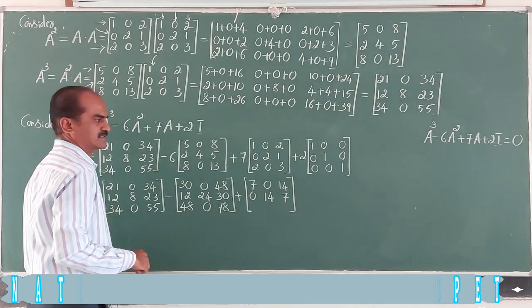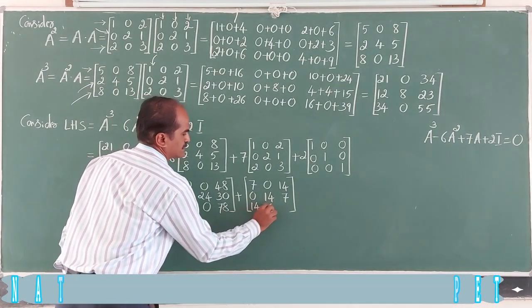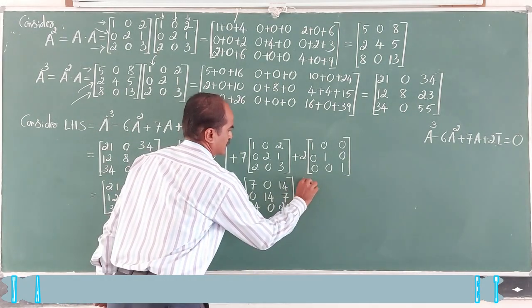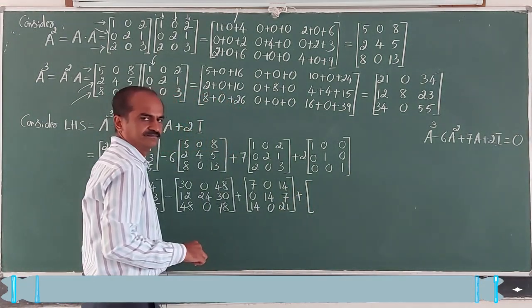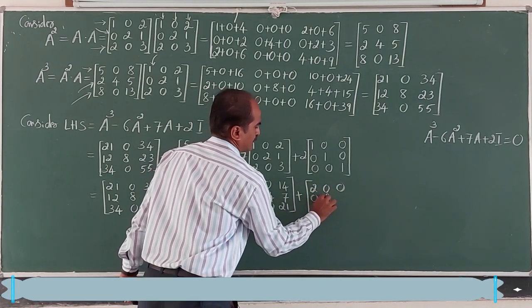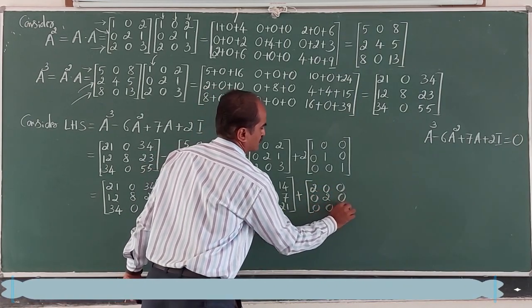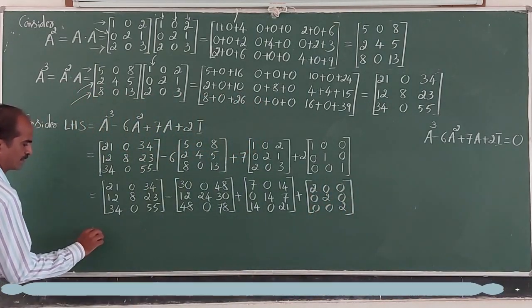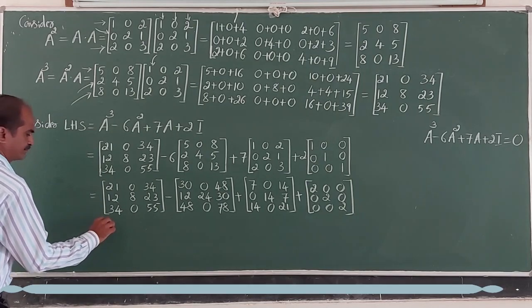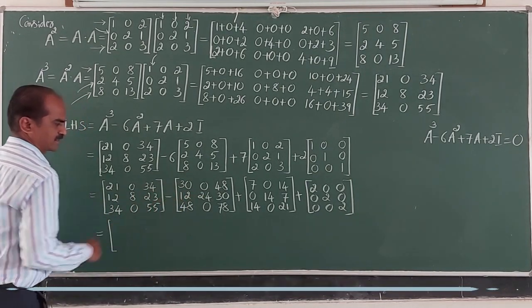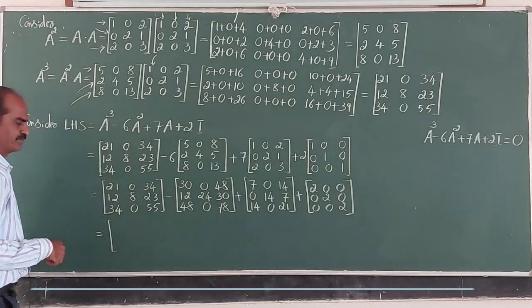Third row elements 7 into 2, 7 into 0, 7 into 3, plus 2 times of this identity matrix. You get 2, 0, 0, 0, 2, 0, 0, 0, 2. This is equal to. Now I will subtract these two matrices.